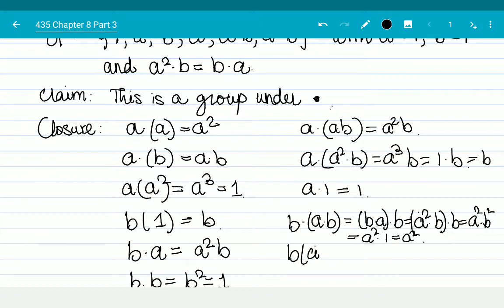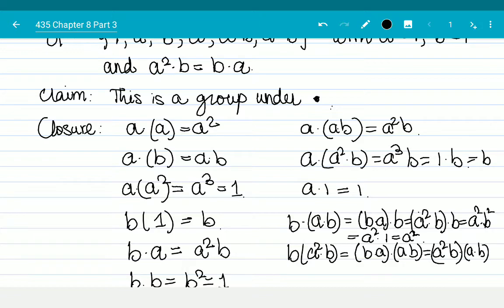B times a squared b is equal to b times a times b.